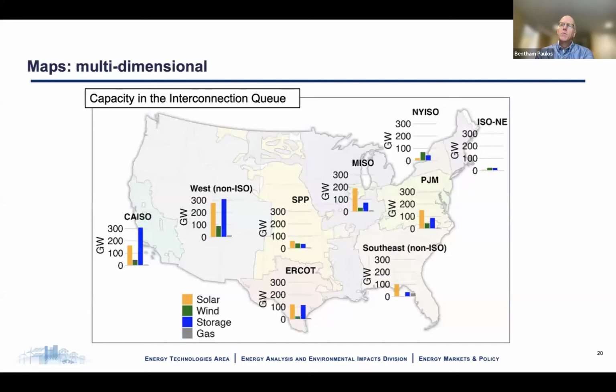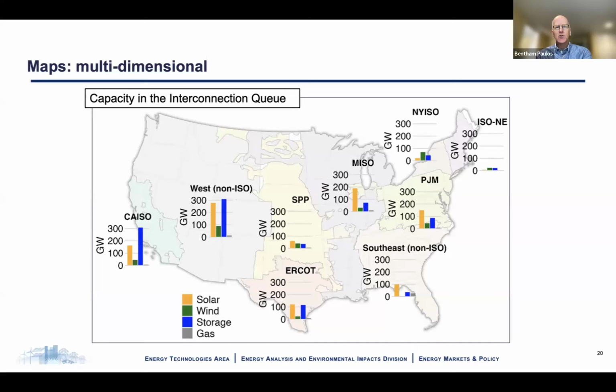This is an example of a multi-dimensional map where you have more going on, where you have bar charts overlaid with the map. The base layer of the map has color coding to show different utility operating regions, RTOs and non-RTO regions.